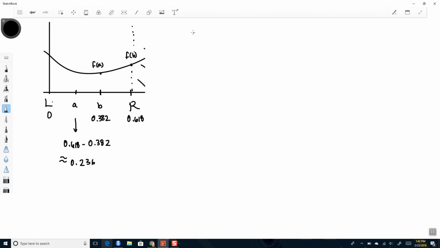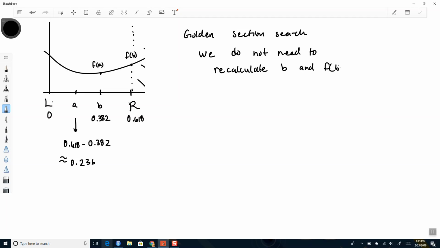And so what this allows us to do is that with the golden section search, we do not need to recalculate B and f of B. Okay, we just use the values of A and f of A from the last iteration.